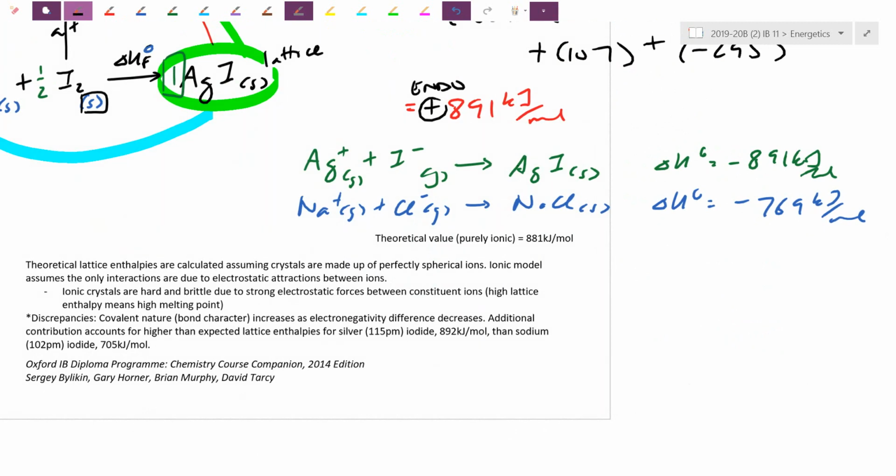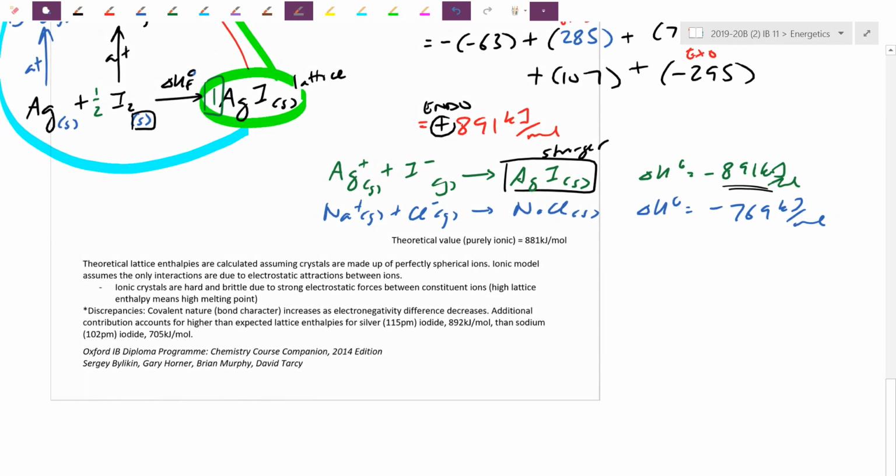In this case, because AgI is a stronger ionic compound, it's more endothermic to rip it apart, but it also is more exothermic when I end up forming that bond, when I end up creating the lattice. I end up releasing more energy than something that isn't as strongly held together. Not by too much here, it's negative 891, negative 769. We still use the endothermic convention from solid to gaseous, but sometimes they ask this question backwards.